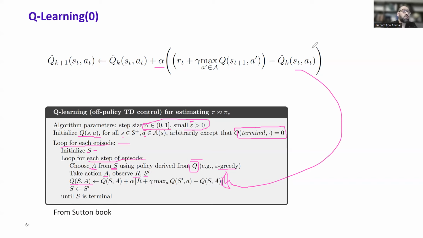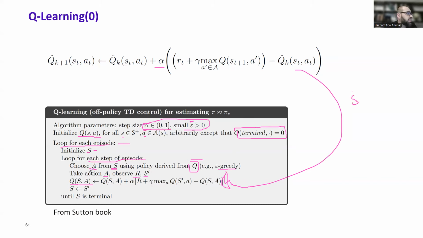So essentially, what is happening is we take some state, and when we are in that state, we choose an action from that state.